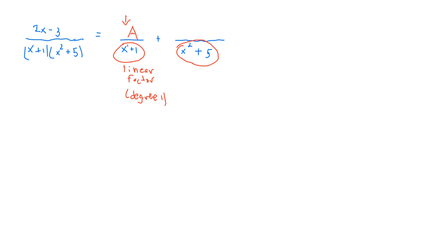Now x squared plus 5, what kind of factor is that? That's a quadratic factor. And what's its degree? Good. Degree 2, second degree. So what are we going to put up in the numerator then?